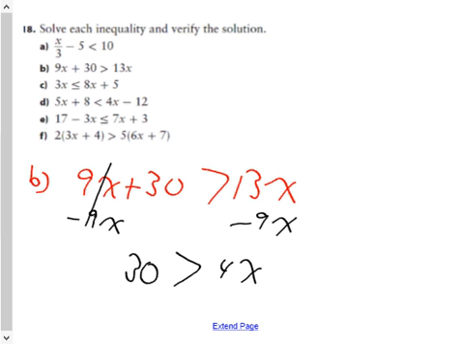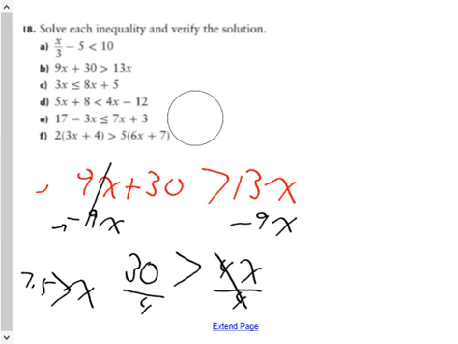Some people think you have to flip the sign because you subtracted 9x or put a negative 9x on that side, but it's only if you multiply or divide by a negative number do you flip the sign, so you don't flip it there. Divide both sides by 4, and any value less than 7.5 is a solution that is fine.